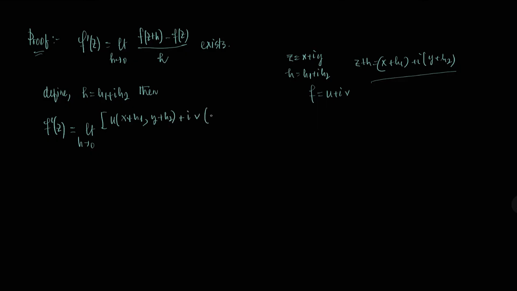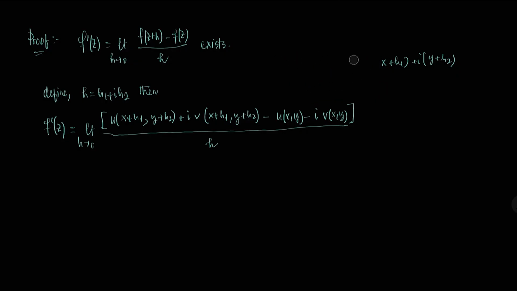The v part again will depend on x plus h1 and y plus h2. Minus u of xy plus i v of xy, divided by h. Okay, I hope this is clear.